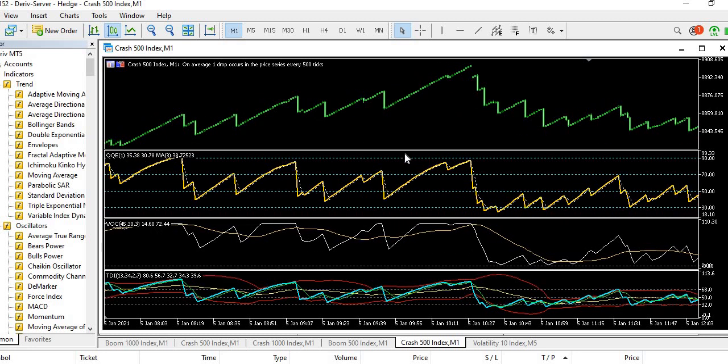And what will also give you the confidence is if this peak here is the same as the former two peaks. So you are free to place your trade here and come down with it.